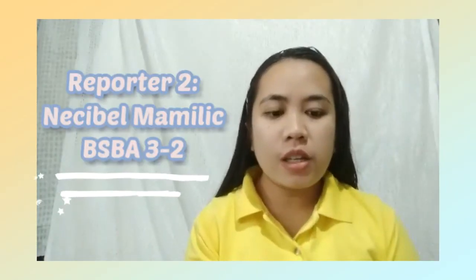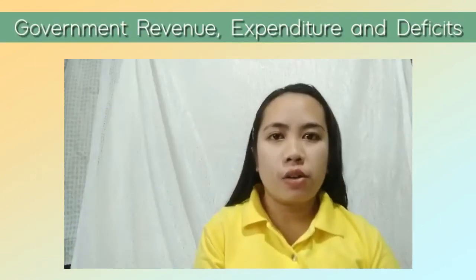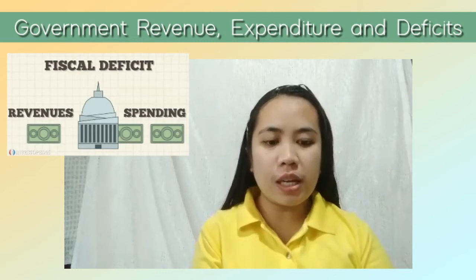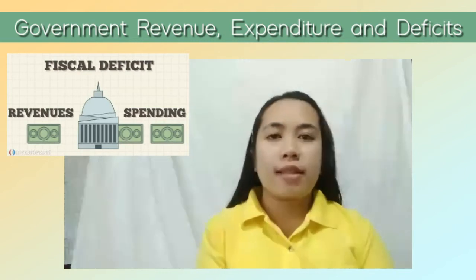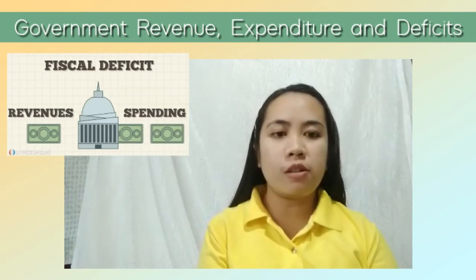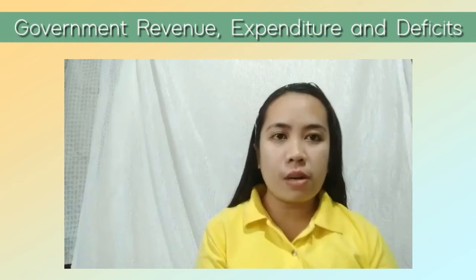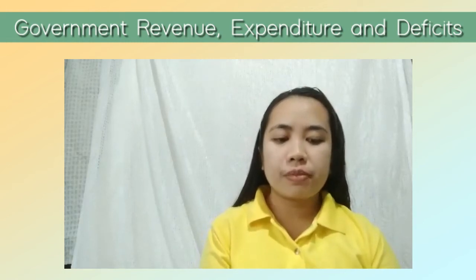Another concept we need to understand in economic analysis is government revenue, expenditure, and deficits. Government plays an important role in the growth of any economy. The government prepares a central budget which provides complete information on revenue, expenditure, and deficit of the government for a given period.